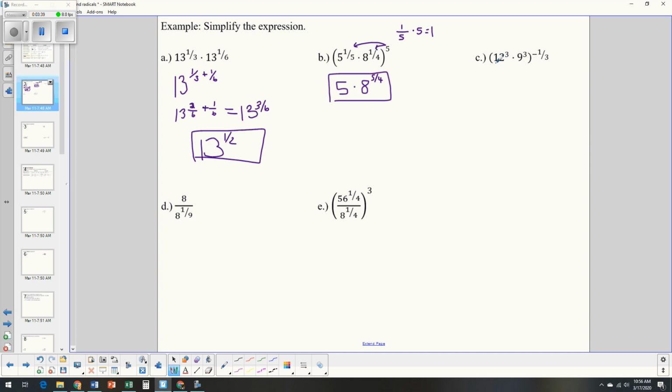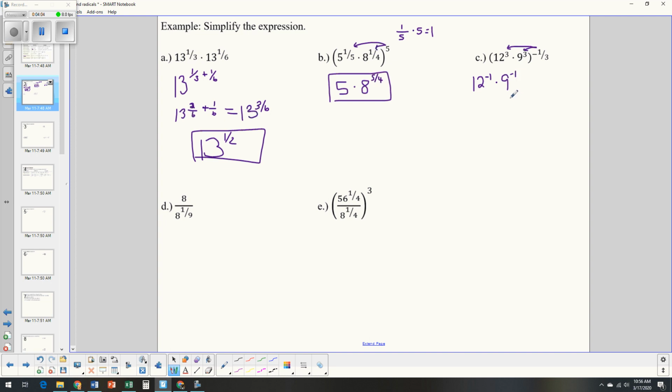For C, there's two ways I could really go about this. Anytime I do have two different numbers, but they have the same power, I could multiply them first if I want. In this case, it's not going to make a difference, so I'm going to focus first on distributing the power. 3 times negative 1/3 is going to be negative 1, so I have 12 to the negative 1 times, and I'm going to distribute there too, 9 to the negative 1.